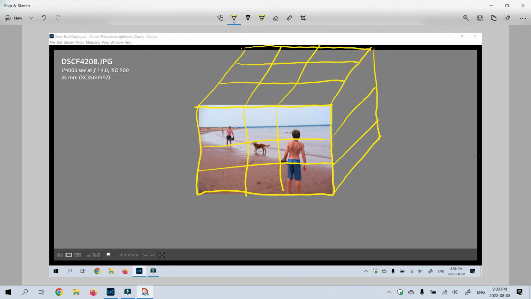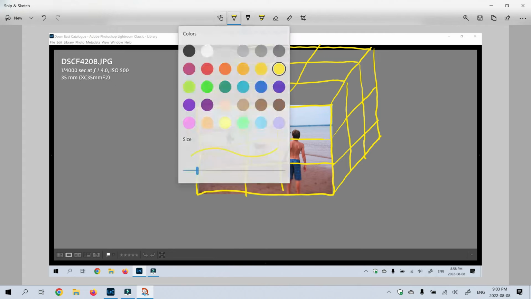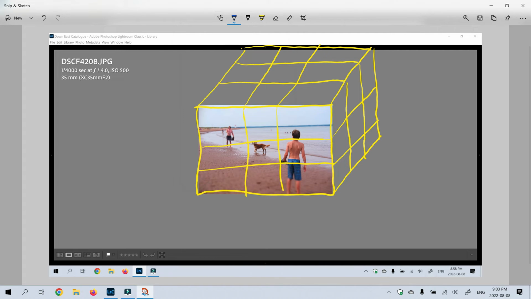I hope that my amazing sketching skills here are not making you jealous. Okay, so then we're going to think about the rule of thirds in terms of depth, and we're going to think about foreground, middle ground, background, that sort of thing. So I'm going to switch my color here. We'll go to blue.